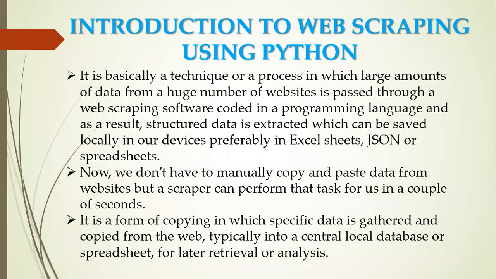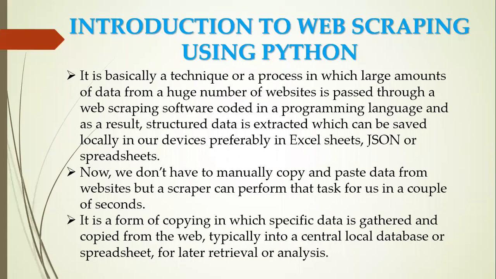It is basically a technique or a process in which large amounts of data from a huge number of websites is passed through a web scraping software coded in a programming language, and as a result, structured data is extracted, which can be saved locally in our devices, preferably in Excel sheets, JSON, or spreadsheets.